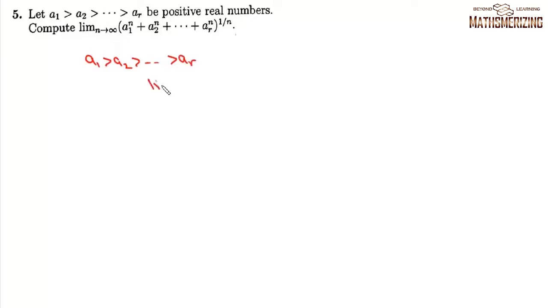Now question number 5 is, let a1 be greater than a2 be greater than a_r, then we need to find this limit, which is limit n tends to infinity (a1 to the power n plus a2 to the power n plus a_r to the power n) to the power 1 by n.